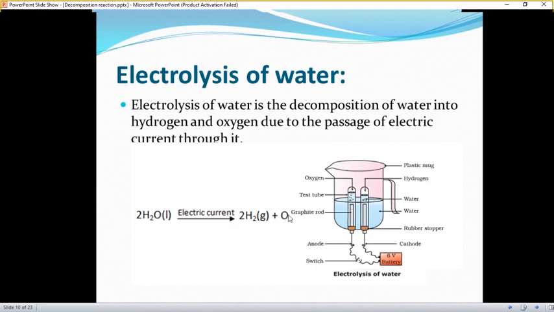So how does it happen? Electric current gives the energy to water to break down into its constituents, that is H2, a highly inflammable gas, and O2, a gas which supports burning.